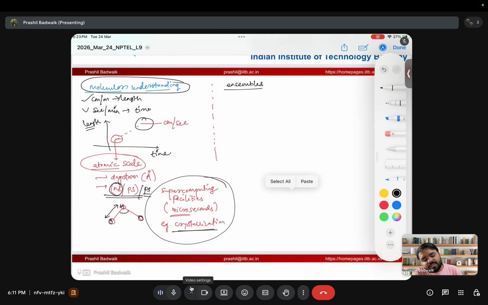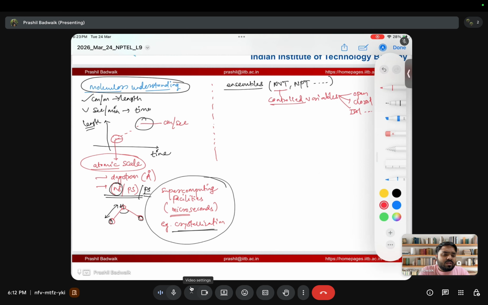We studied multiple ensembles, for example, NVT ensemble, NPT ensemble, and so on. What are these? These are my controlled variables, and depending on these control variables, we can have open systems, closed systems, and isolated systems, and so on.